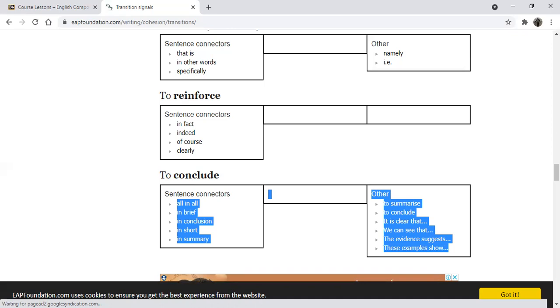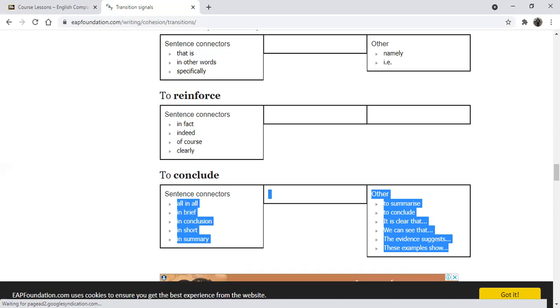The first type: signals that are used to introduce an additional idea. It means that you are going to add another idea. So you need a transition signal to introduce this new additional idea.